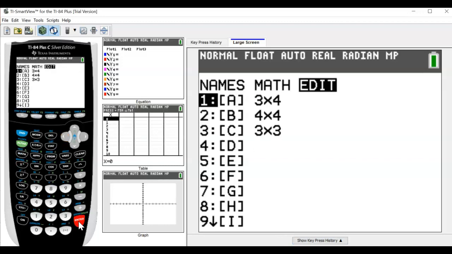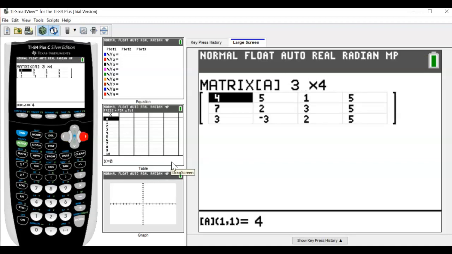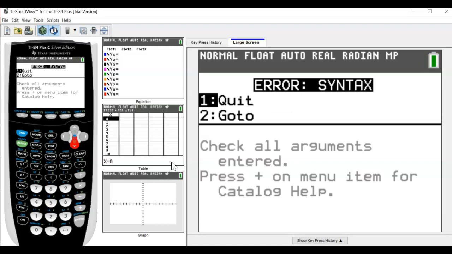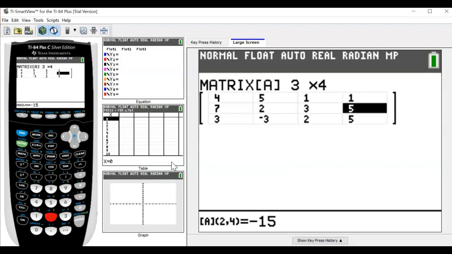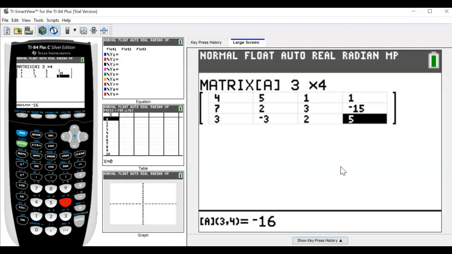So I'll go back to my matrix, and what I'll do is change that last column to 1, negative 15, negative 16. All right, let me just check that that's the right one. 1, negative 15, negative 16 is the B I'm looking for. So yes, that should be it.